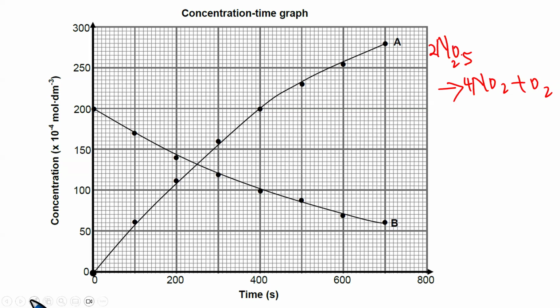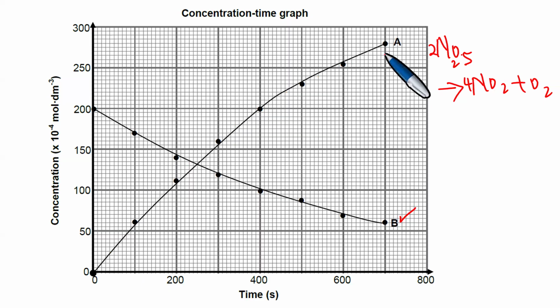If this is the graph, you're able to see what is happening here. There is this graph that begins from 200 and goes down to as close as possible to 50, but does not reach 50. This one is graph B. There's graph A that starts from the origin, and it shows an increase to just above 250 and below 300.